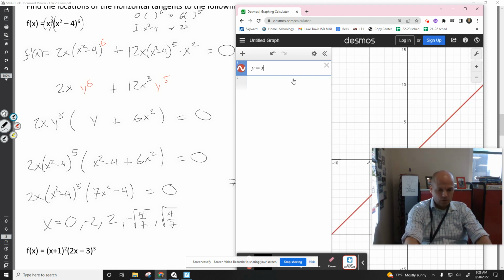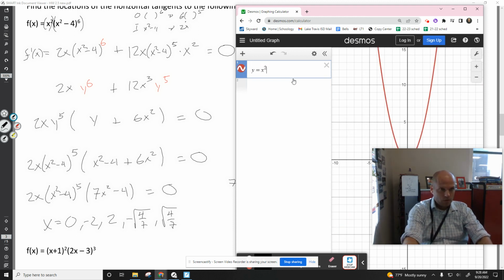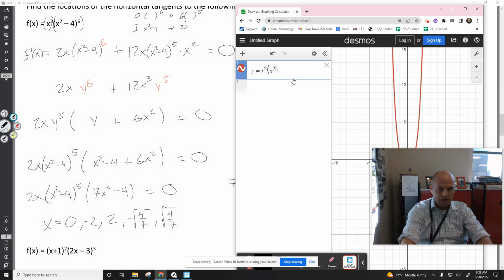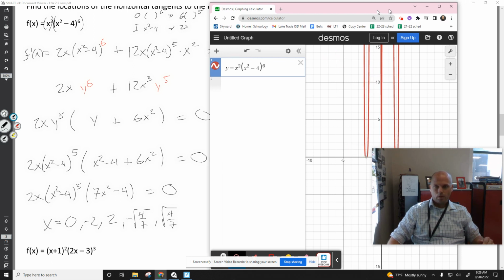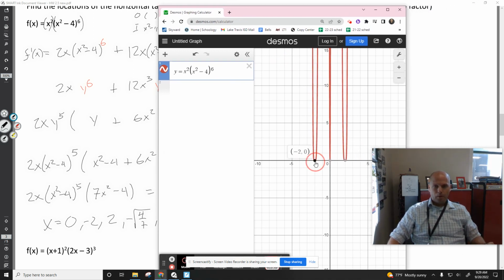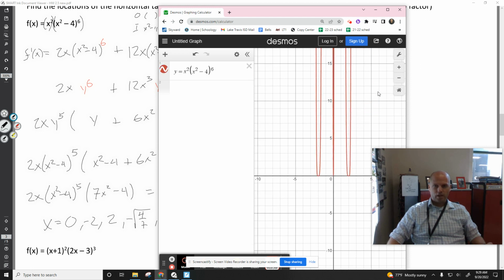Let's graph y equals x squared times x squared minus 4 to the 6th. All right. Boom. Negative 2, 0, horizontal tangent right there. 2, 0, horizontal tangent right there. 0, 0, horizontal tangent right there. We have a couple more horizontal tangents.